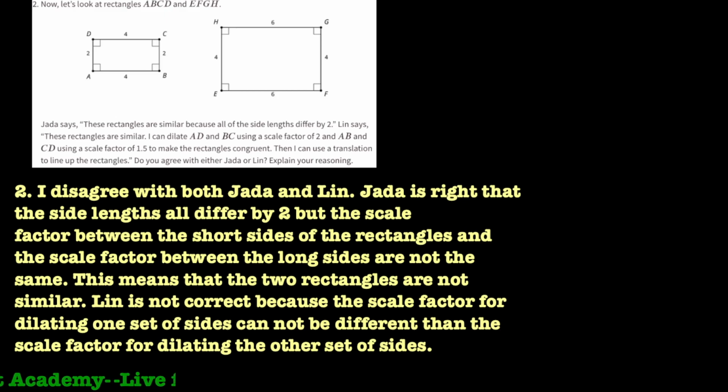So the two scale factors between each of those rectangles have to be the same. Lynn is incorrect because the scale factor for dilating one set of sides cannot be different than the scale factor for dilating the other set of sides. So just be careful when you're talking about similar polygons. The ratio between those two side lengths and those scale factors has to be the same.